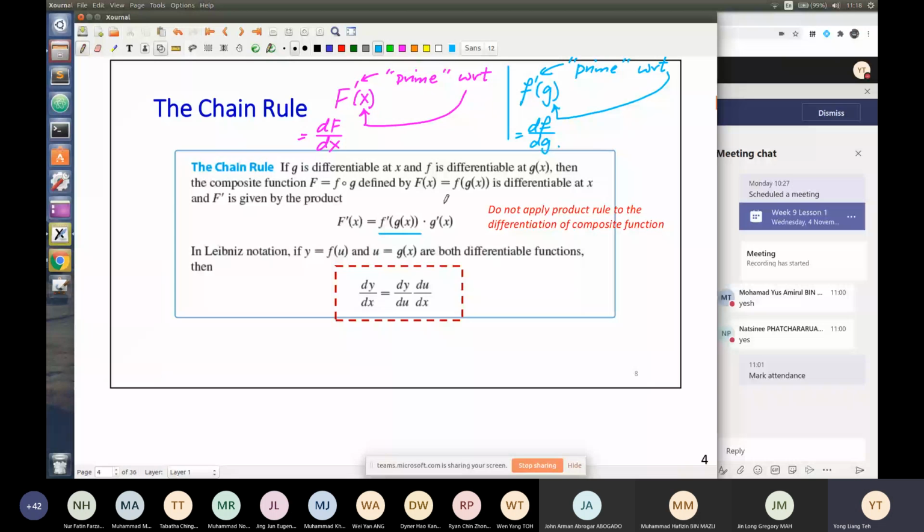Okay, so in another notation, if let's say you have y and u, then of course you just write down the differential with respect to y and u respectively. Regardless of what alphabets are being used, the chain rule always follows this rule. When you write your chain rule down, you can cancel the denominator with the numerator here.